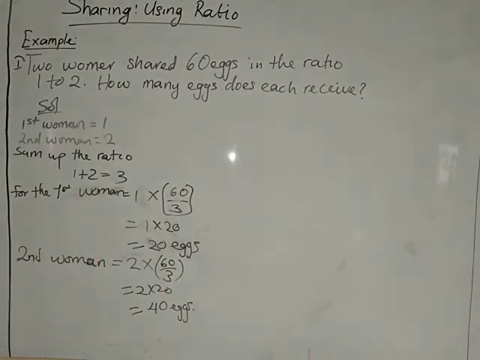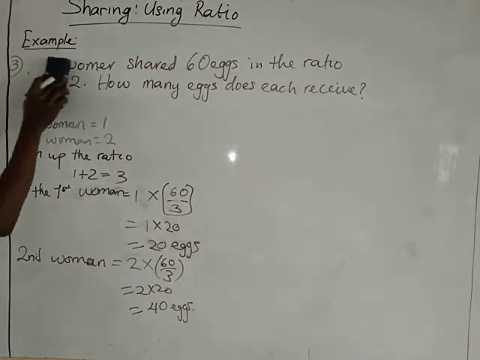Now let's try to get to a question where we'll be dealing with ratio among more than two individuals. So let's take one more example. That's our example 2. Now we are moving to our third example.